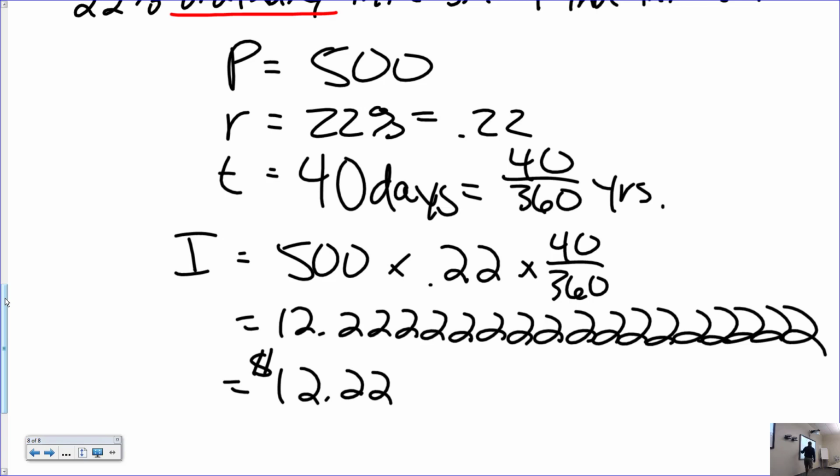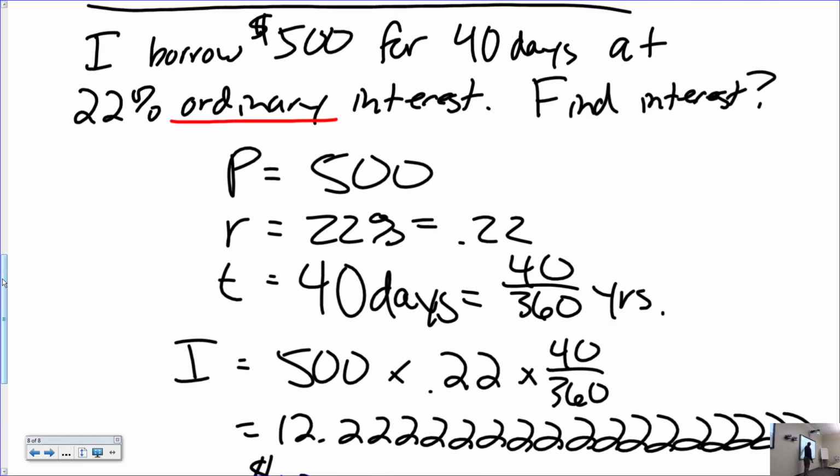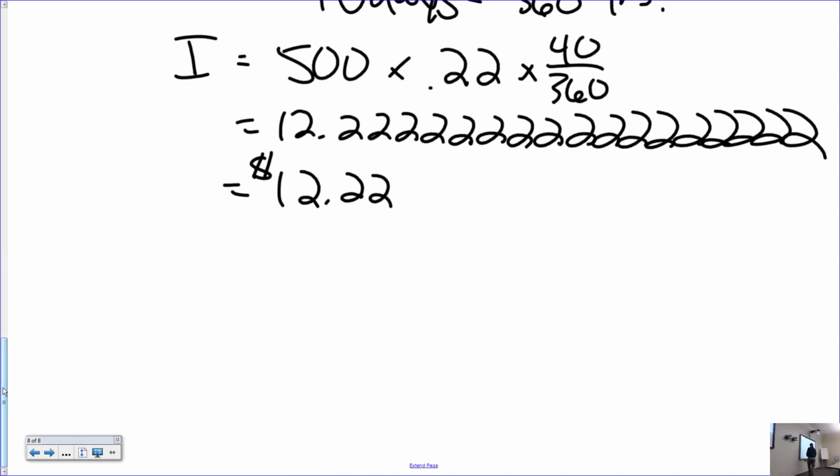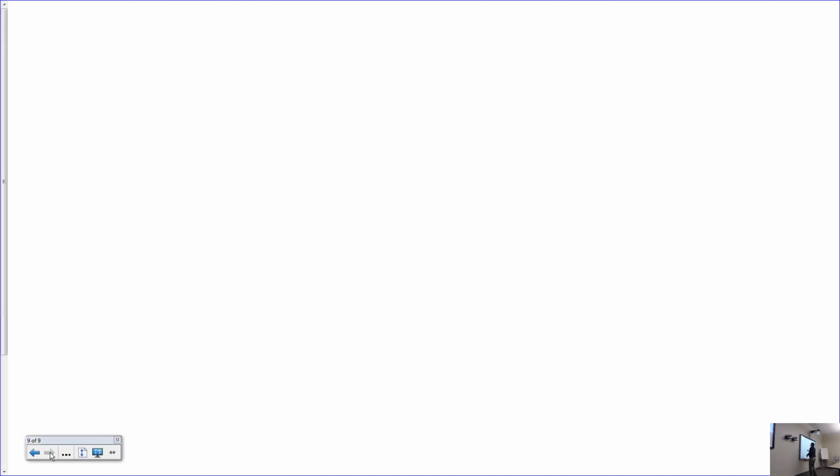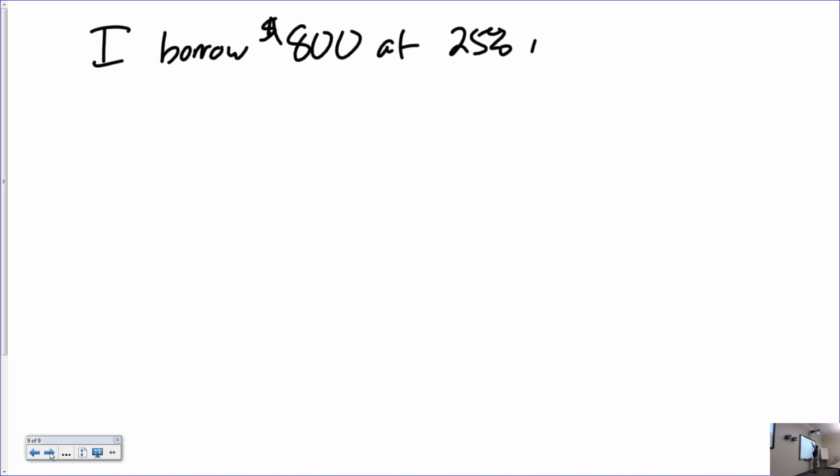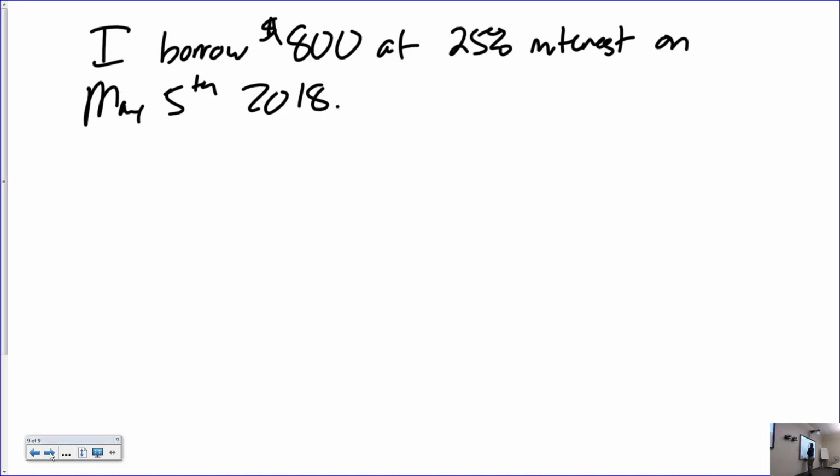So anyways, the key though is realizing that 40 days when it's ordinary interest, 40 over 360. Okay, let's do one more. So let's suppose that I borrow $800 at, let's keep it simple, 25% interest on May 5th of last year.